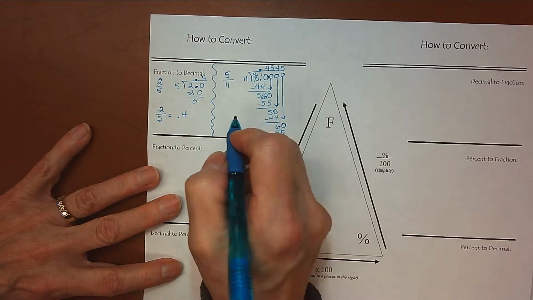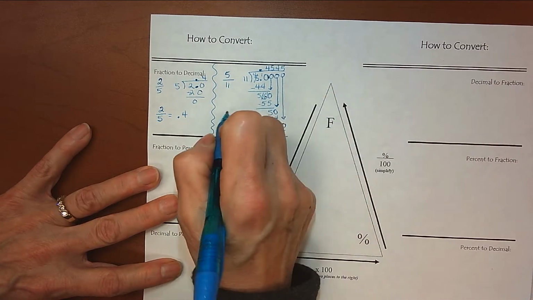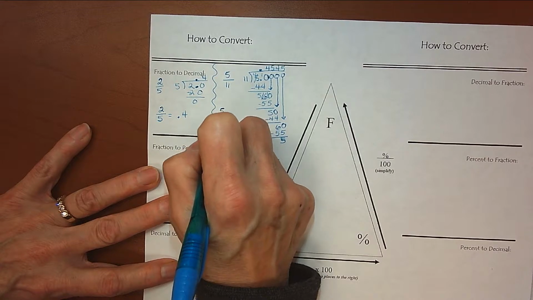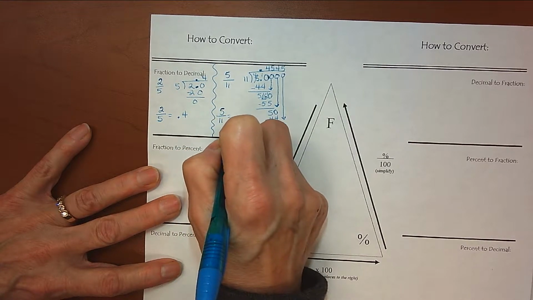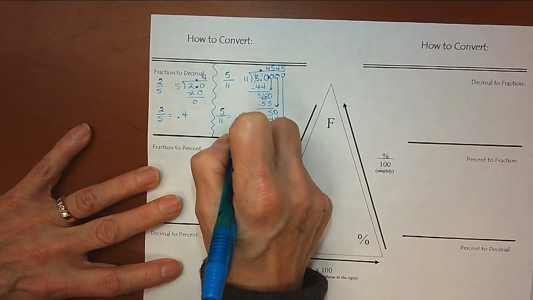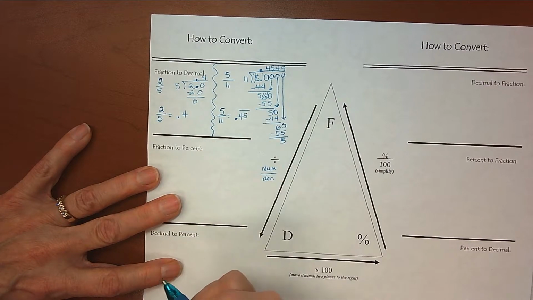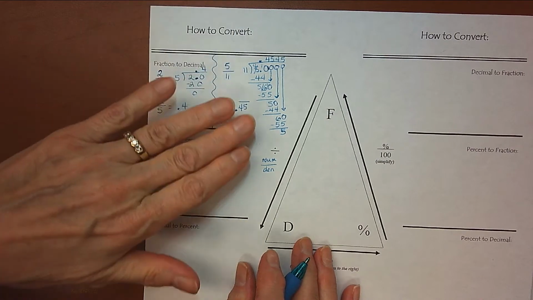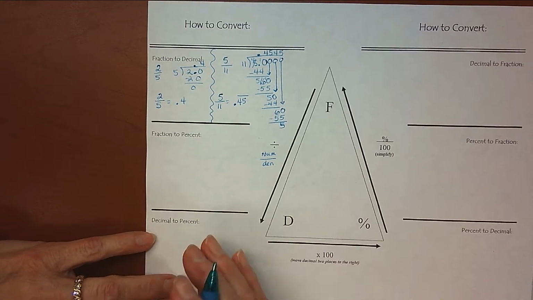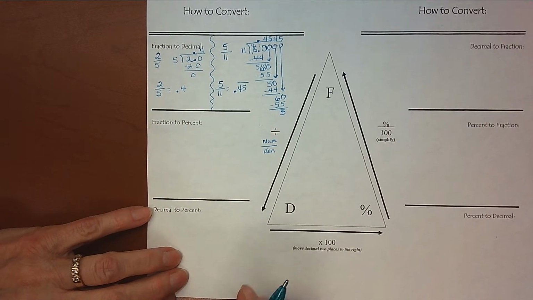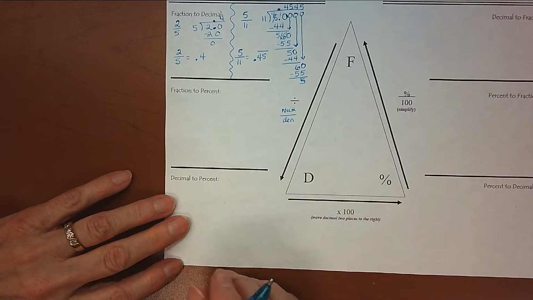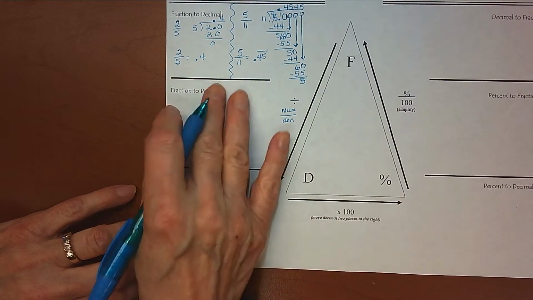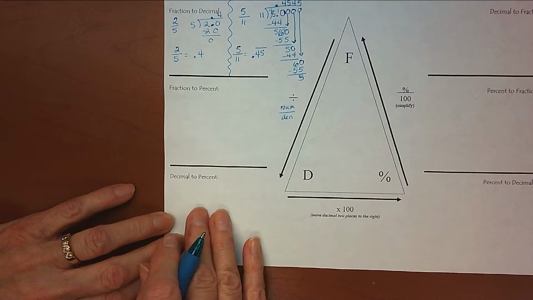You know then that we would write that 5/11 is equal to 0.45 repeating, where the 4 5 is just going to keep repeating over and over again. No matter how many times we do that problem, we're going to get 4 5 4 5 4 5 4 5.